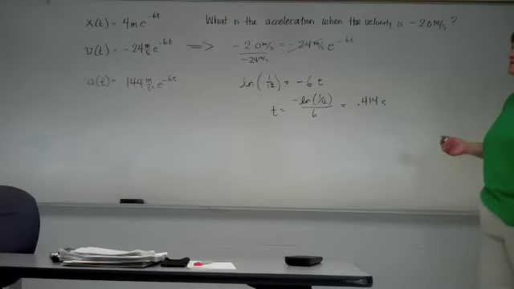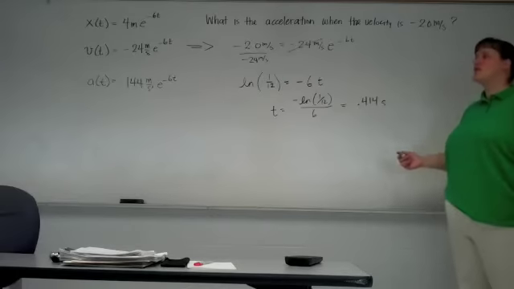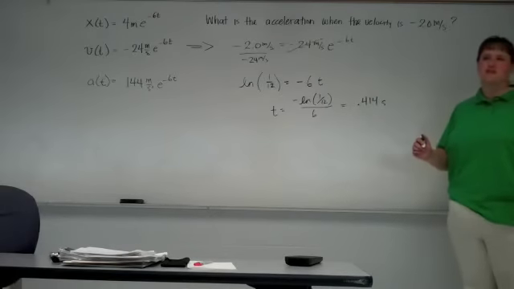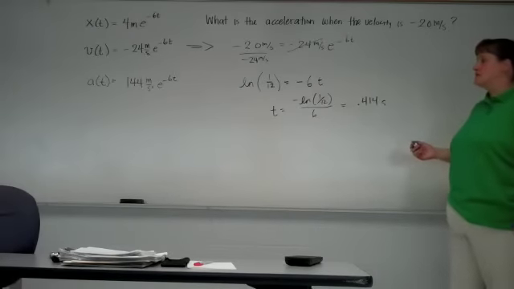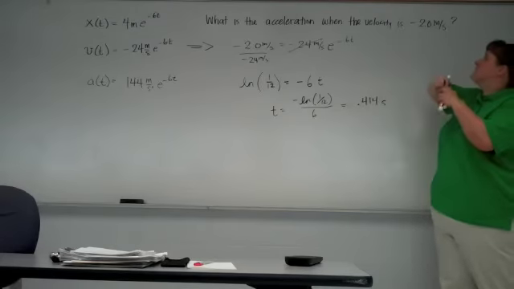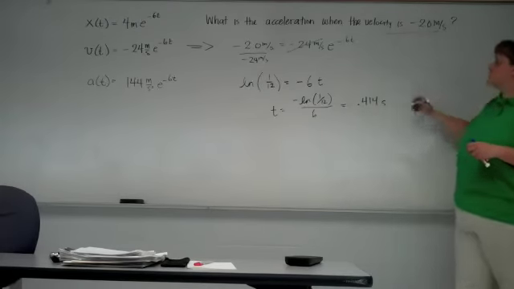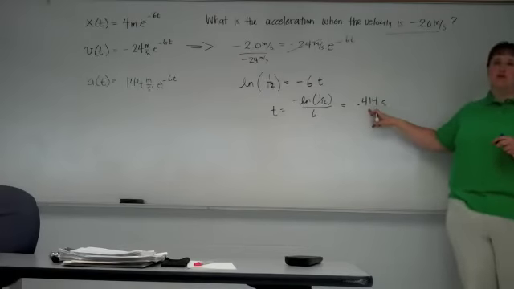Usually with our homework system, unless told otherwise, they generally want 3 significant figures. That's just a general rule. Sometimes they'll tell you a different number, but if you're not told a different number, then just use 3. So now we know the velocity was negative 2 meters per second at 0.414 seconds.